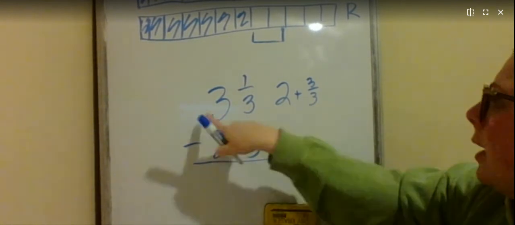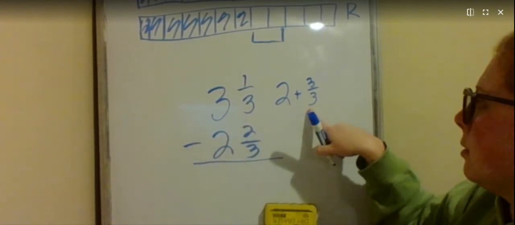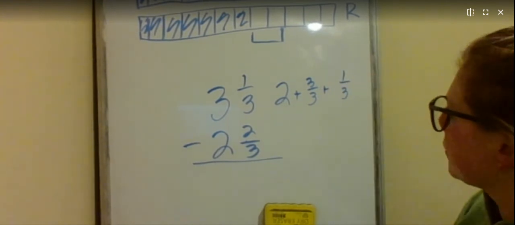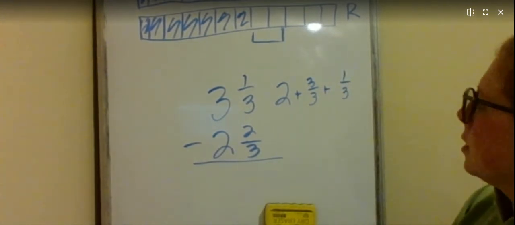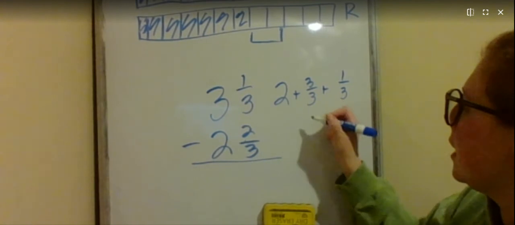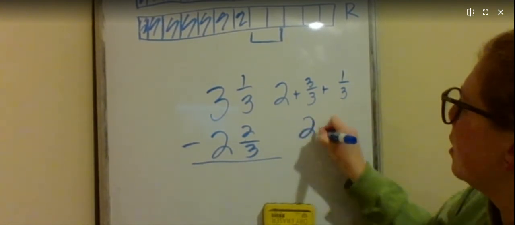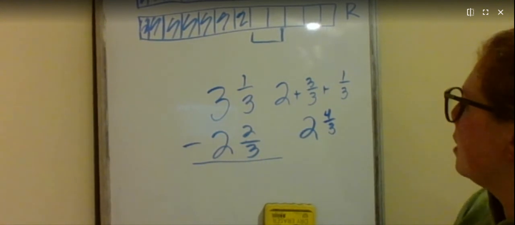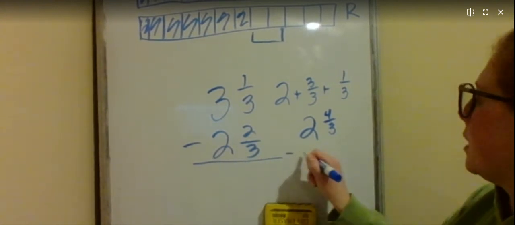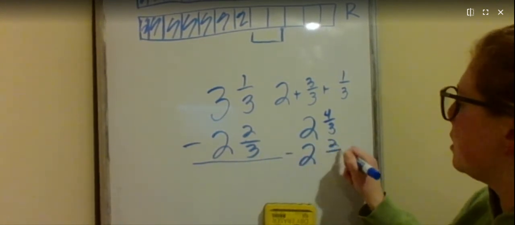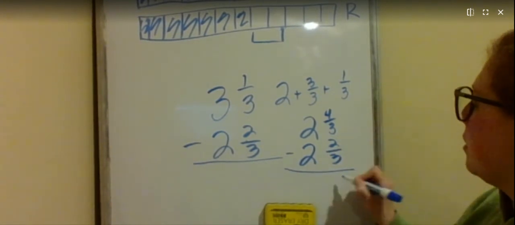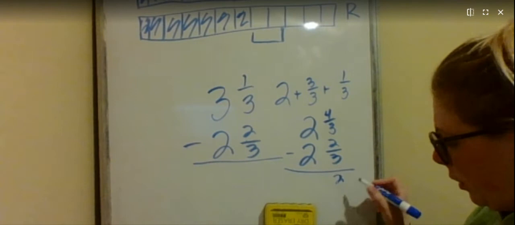That's where I would get my 2 plus another whole would be that 3, and then plus 1/3. So that would mean that this is really like 2 wholes and 3 plus 1 is 4/3. And then we would just subtract 2 and 2/3 to keep the second one the same. 4/3 minus 2/3 is 2/3.